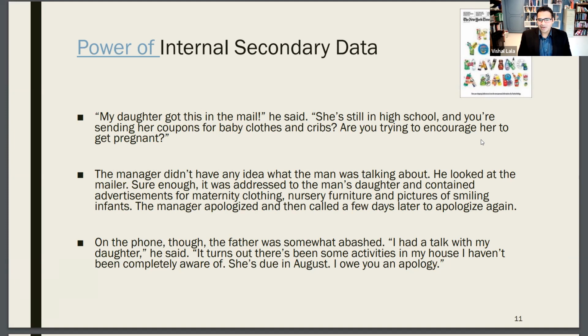Hopefully you're wondering, how in the world did Target know the girl was pregnant before her father found out? Now, if you think hard enough about this, you'll probably realize that there are a number of things she would have purchased that would have been signals that she's pregnant.